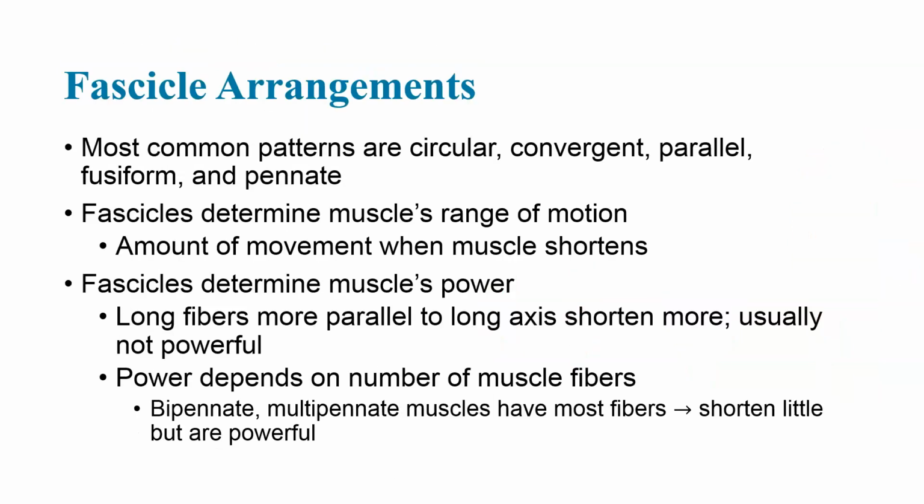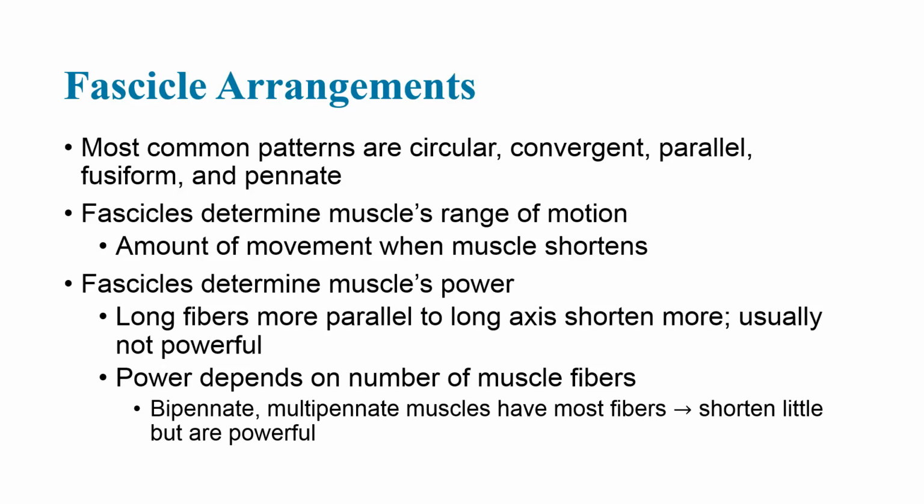So again, your most common patterns of fascicle arrangement are going to be circular, convergent, parallel, fusiform, and pinnate. The fascicles and their arrangement determines a muscle's range of motion, or how much movement there is in a muscle when the muscle shortens. Your fascicles also determine how much power there is in a muscle.